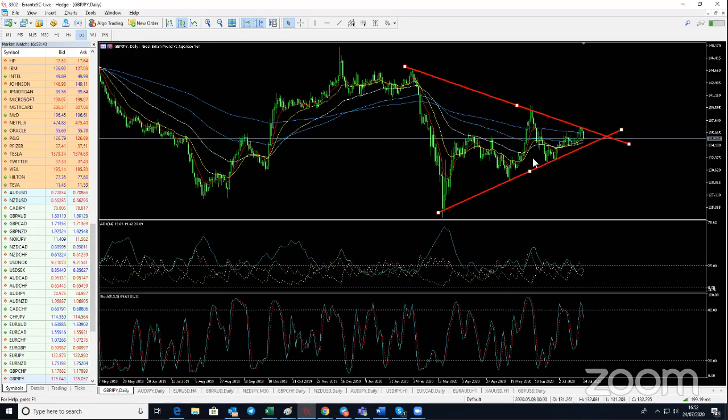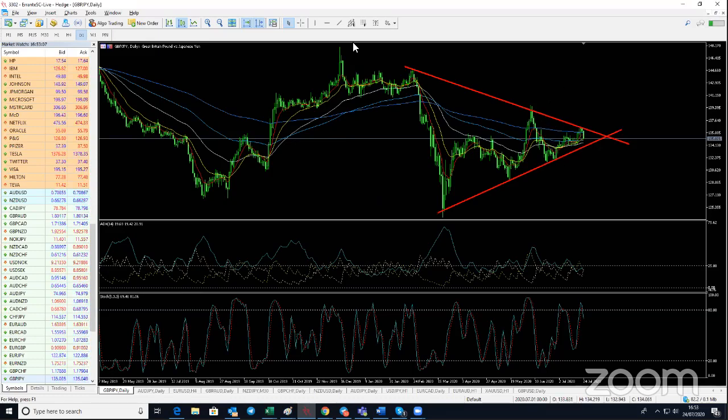So the predominant trend at this moment is a bit unclear. We need this to go sideways until it breaks out. But just from looking at it at a glance, we have a bullish mother candle there, bullish mother candle there as well. So we need to wait a little bit.